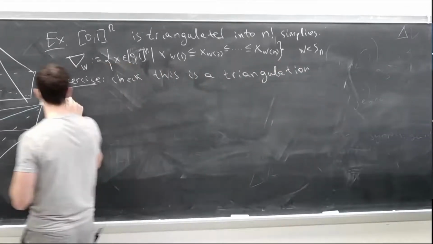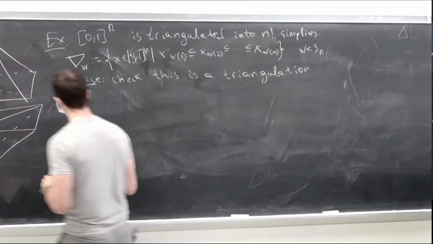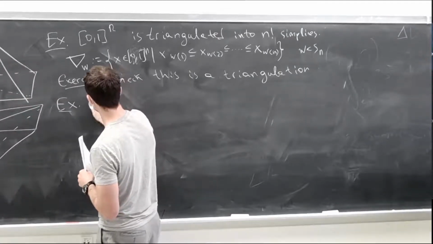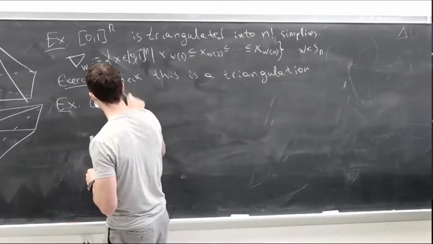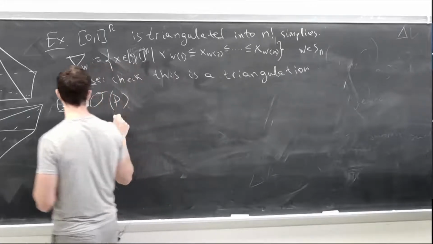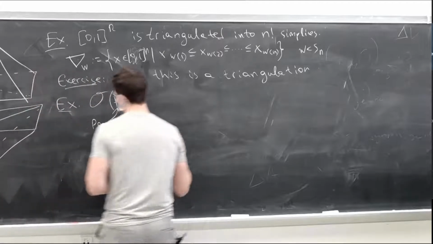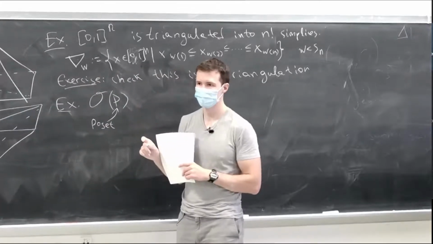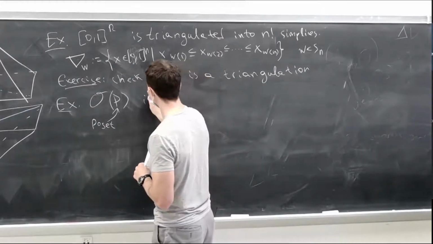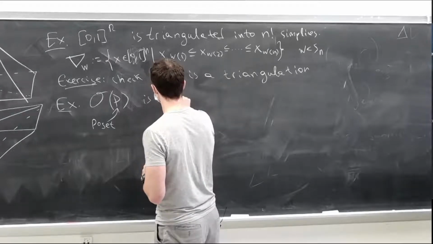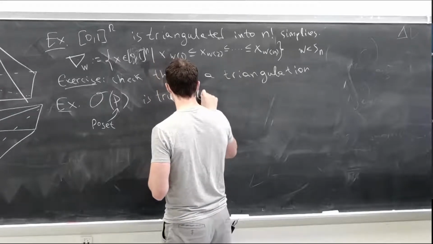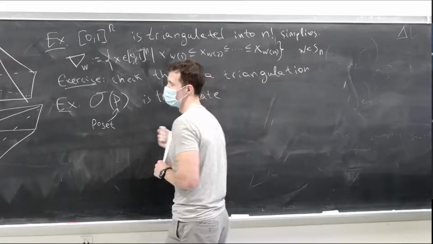Maybe I'll give another example. Let's say I take the order polytope, where P here is a poset. The order polytope of a bounded poset is triangulated. How do I triangulate the order polytope?